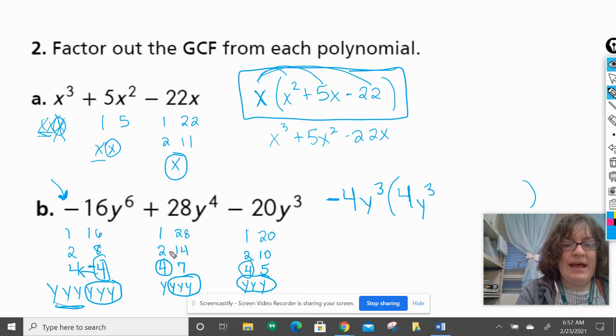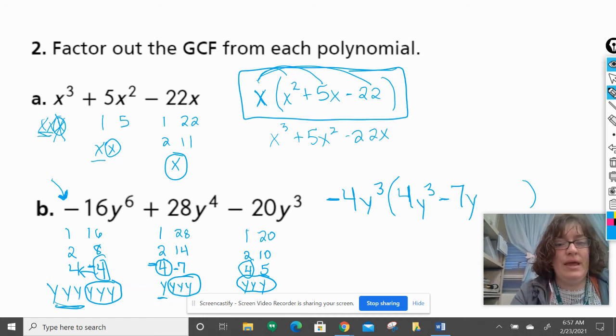All right, same thing. Now, if I make this 4 a negative, because that's what I've pulled out, I would need to make the 7 a negative to make it a positive 28. So negative 7, and then I just have one y left over that I didn't circle. And then finally, if I make the 4 negative, because that's what I'm pulling out as my GCF, my 5 would stay positive because negative 4 times 5 would get me that negative 20. So positive 5 and no y's left over.